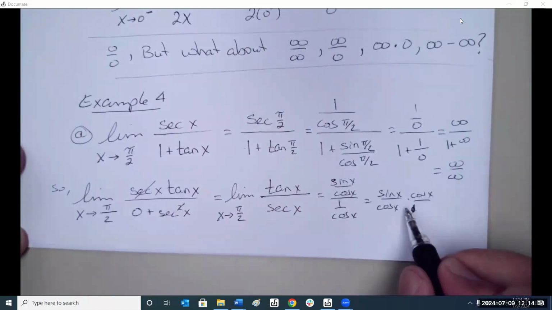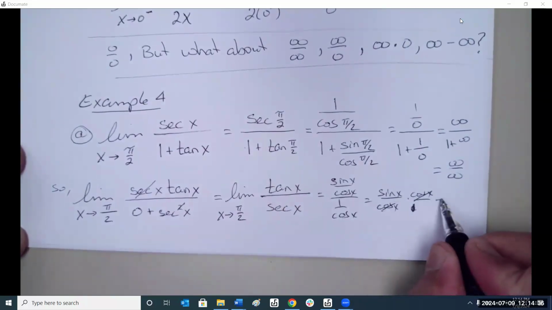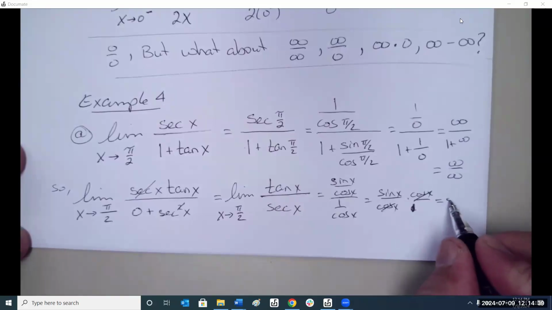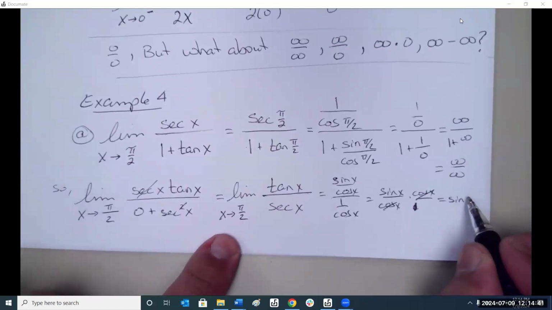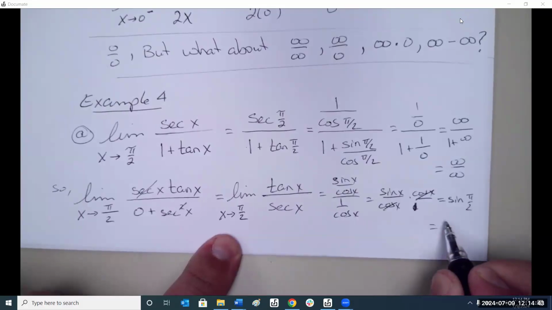Cosines disappear. So we have sine at pi over 2 is 1.